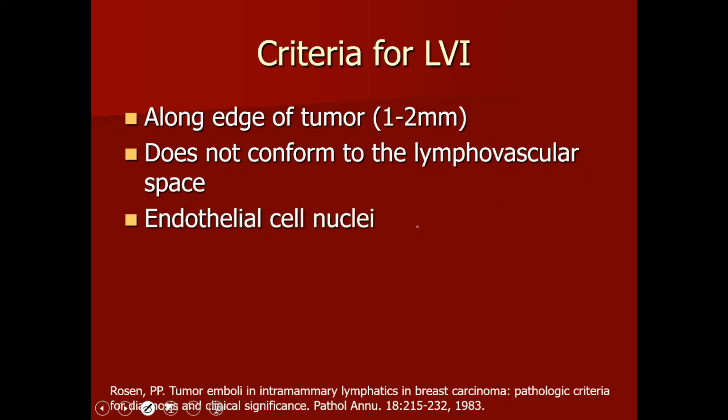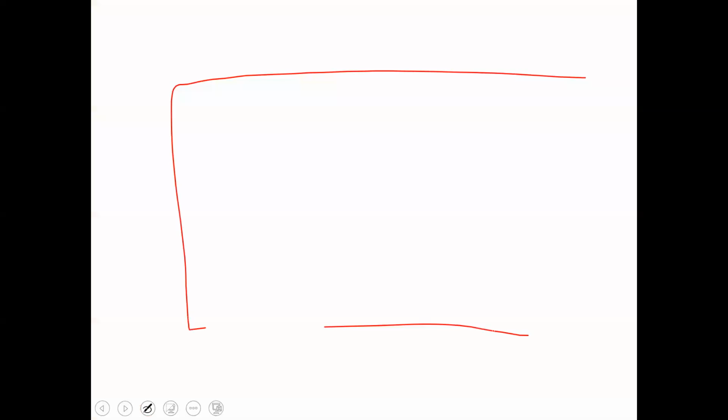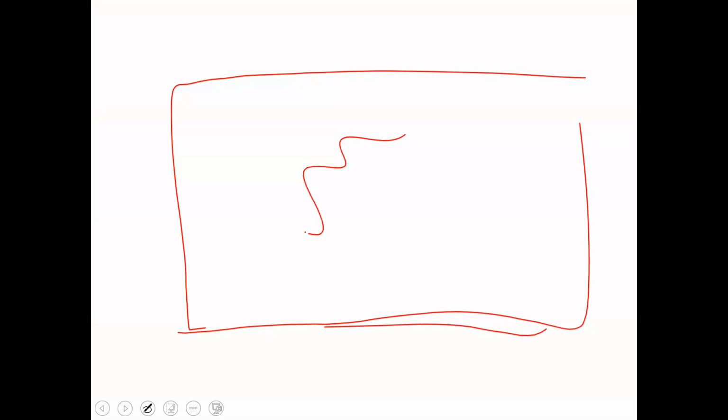Number 1, you shouldn't look for LVI within the tumor itself. Instead, you should look for LVI beyond the edge of the tumor. So usually 1 to 2 millimeters away. So for example, here's the slide, okay? And you've got this tumor here on the slide. So you do not look for LVI here.